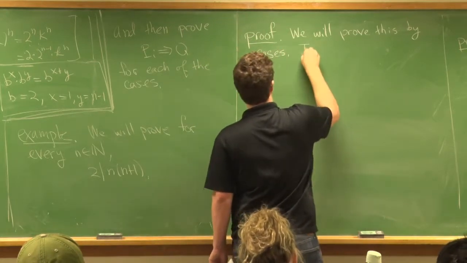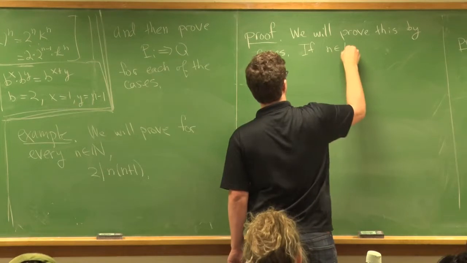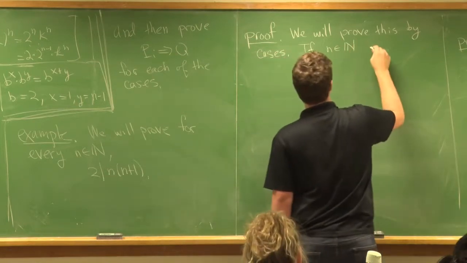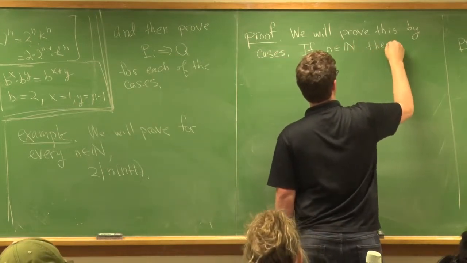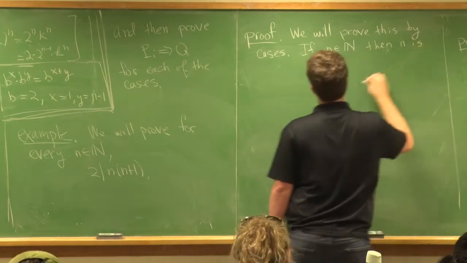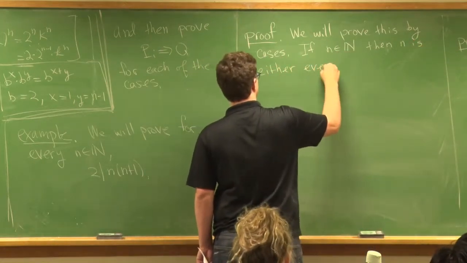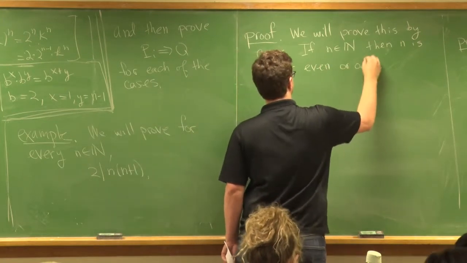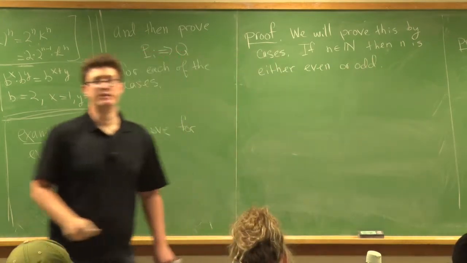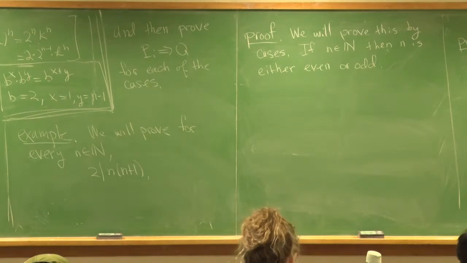So if n is in the natural numbers, then n is either even or odd. Those are the two cases that we're going to consider.